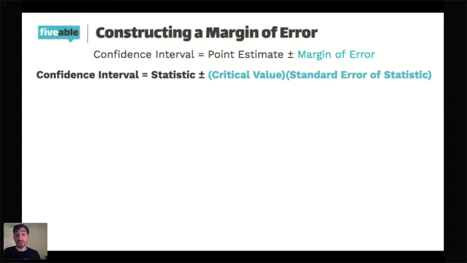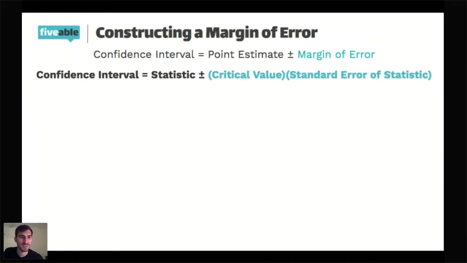It says confidence interval equals statistic plus or minus critical value times standard error of statistic. So in the case of proportions, the statistic is the point estimate, p-hat is the point estimate, and the margin of error comes from a critical value times standard error of statistic.